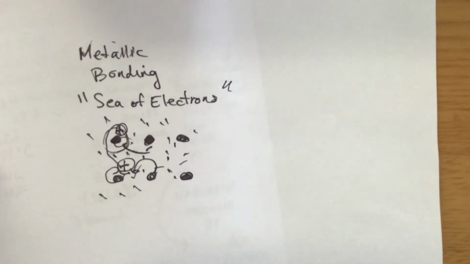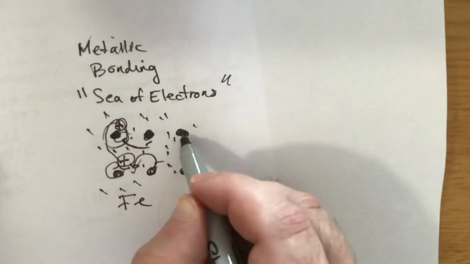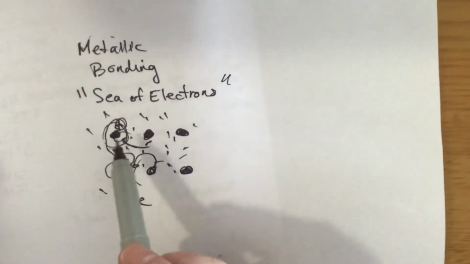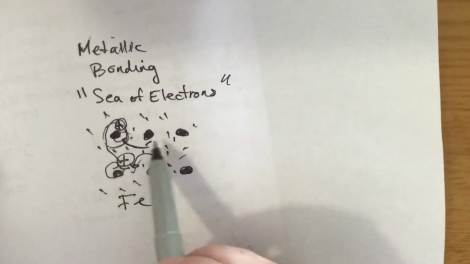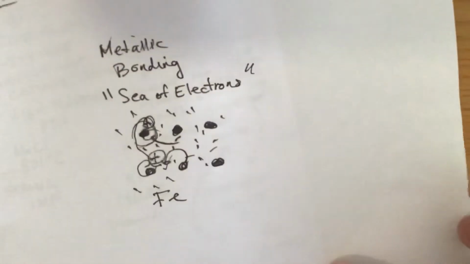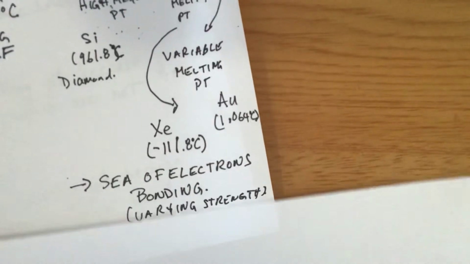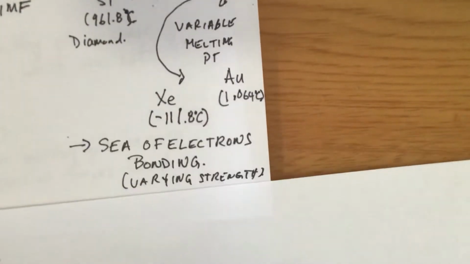So something like gold or iron, this is how they're linked together. This is how we have iron in the lab. These are all individual iron atoms, and they're all being bonded together and linked together into a solid format by these free-floating electrons. And this is what's known as the sea of electrons theory. And this can create some that have very high melting points, and some that are very low.